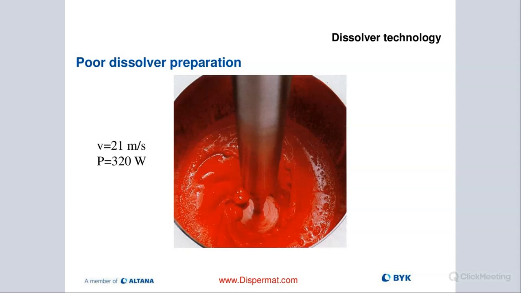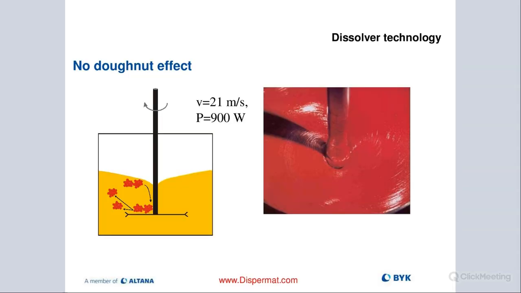Either I modify my formulation to increase the viscosity, or I can also play around with the diameter of my blade, maybe use a larger diameter disc to actually put in more energy, and that also allows us then to properly disperse this material.